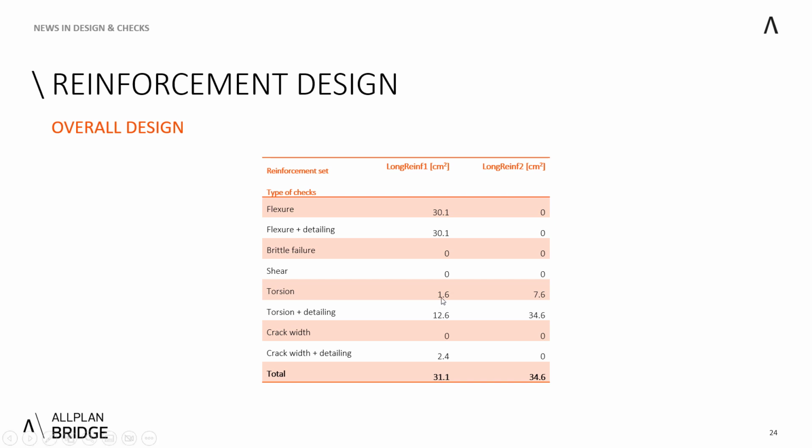Therefore, not the full 1.6 centimeters squared is considered at the bottom, but a little bit more is added to the top longitudinal reinforcement set. And again, you cannot see that because the detailing part at the top was much more needed. But as a result, you can see that mostly flexure plus torsion plus crack width resulted in this 31.1 centimeters squared of reinforcement area.